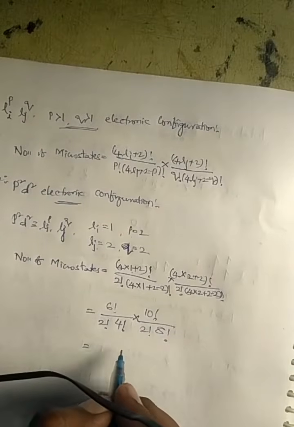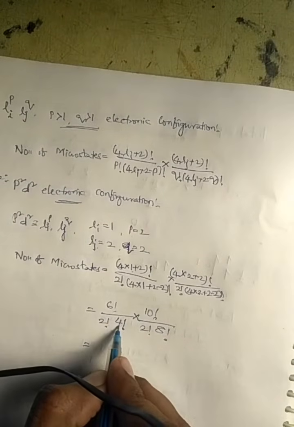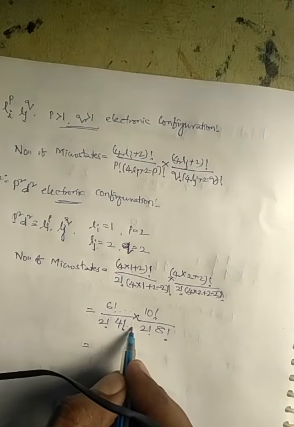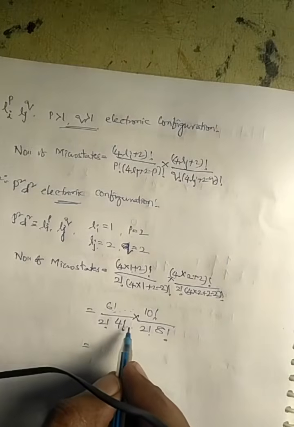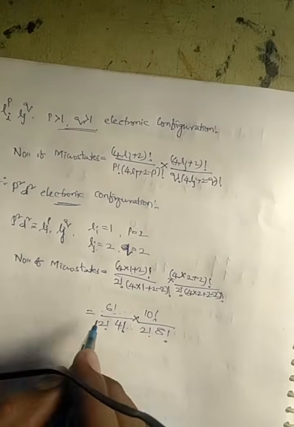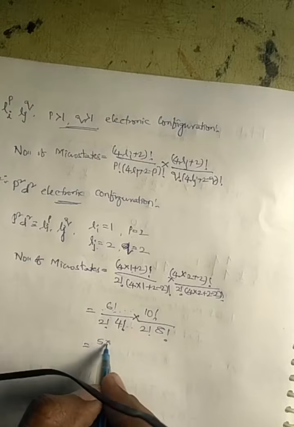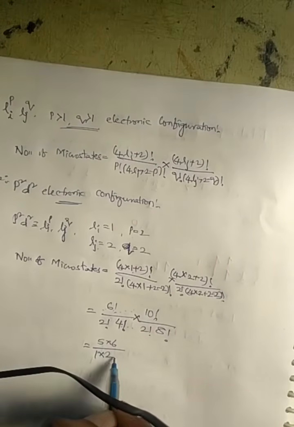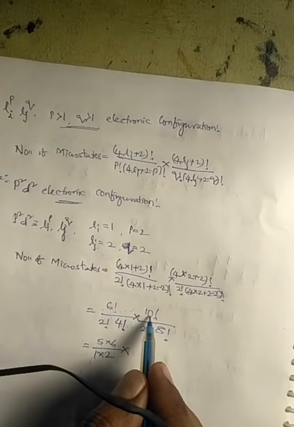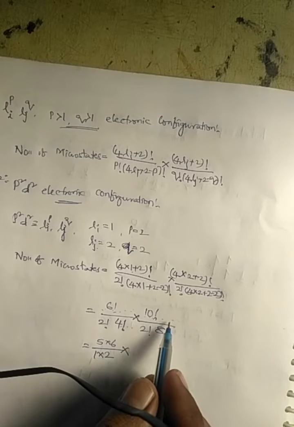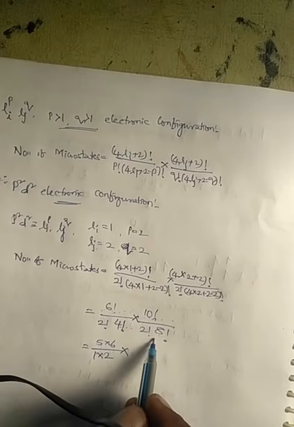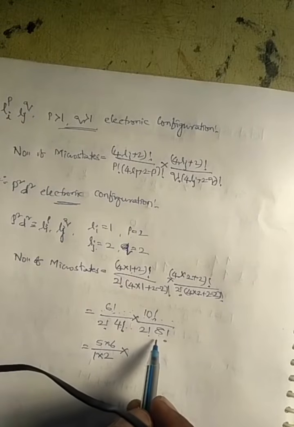where it is equal to 6 factorial divided by 4 factorial, nothing but 1 into 2 into 3 into 4 into 5 into 6 divided by 1 into 2 into 3 into 4. So 1 to 4 in the denominator and 1 to 4 in the numerator will get cancelled. So the result is 5 into 6 divided by 2 factorial, nothing but 1 into 2. Right. Similarly, 10 factorial is nothing but 1 into 2 into 3 into 4 into 5 into 6 into 7 into 8 into 9 into 10, divided by 8 factorial, nothing but 1 into 2 into 3 into 4 into 5 into 6 into 7 into 8.